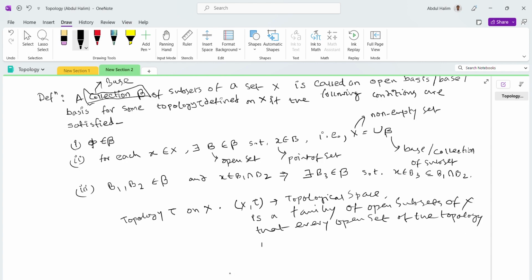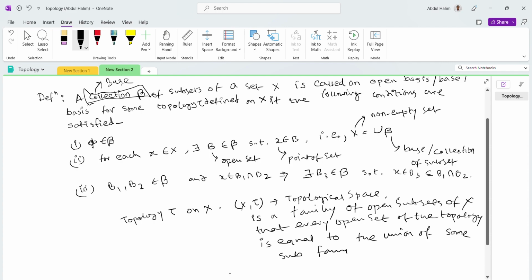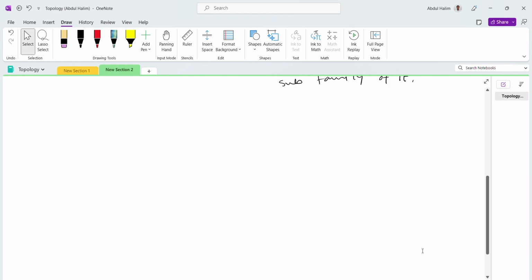is equal to the union of a subfamily of it. This is the relation.